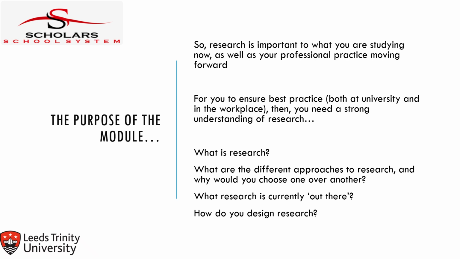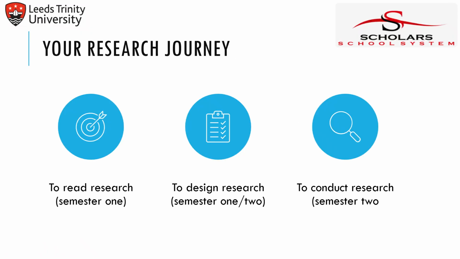So let's have a look at the next slide. Let's have a look at your research journey. During semester 1, you first of all have to read different research articles, the systematic literature review journal articles. After reading, the students have to design their research according to their research question.